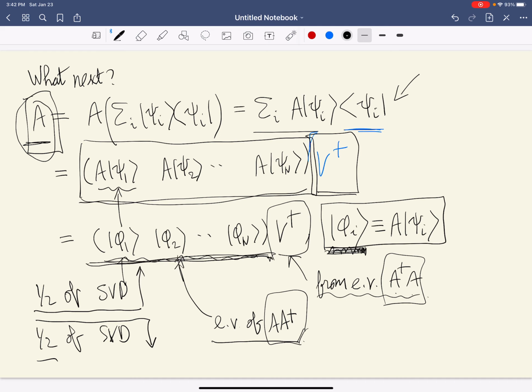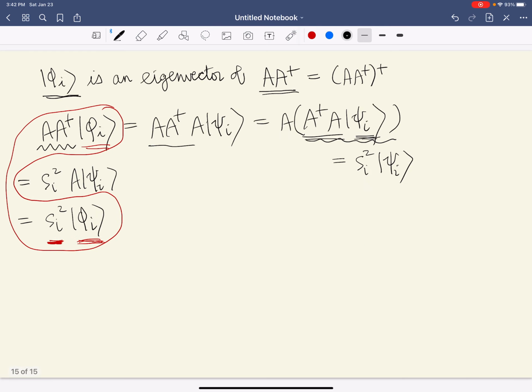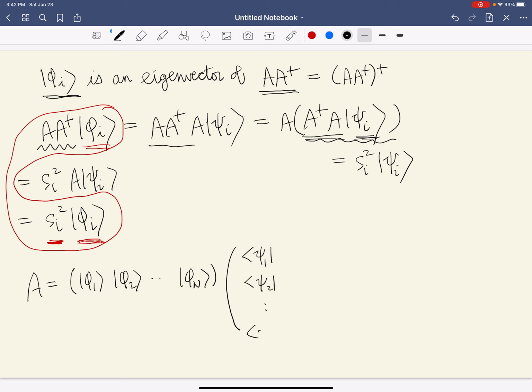Okay, but there's a small problem with this decomposition. The decomposition we have so far is that A can be decomposed as phi 1, phi 2, all the way up to phi n, multiplied by psi 1, psi 2, etc., psi n.